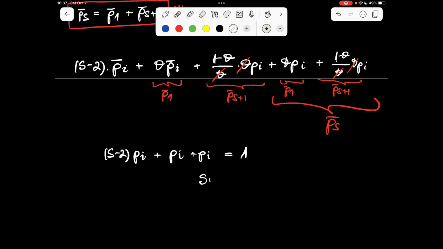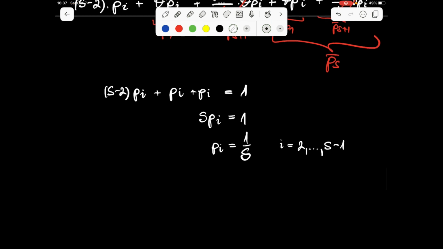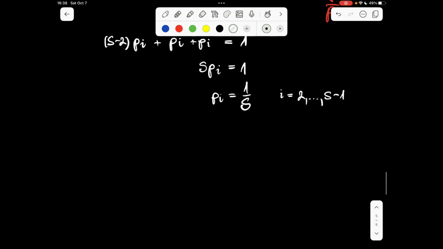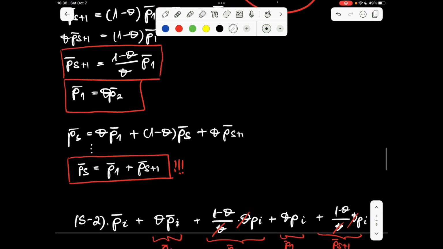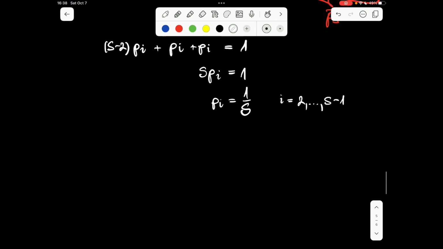And altogether we have S pieces of Pi, from which Pi is 1 over S for i from 2 up to S minus 1. Okay. And the special cases are described by these three equations. So let's check if this general solution works.